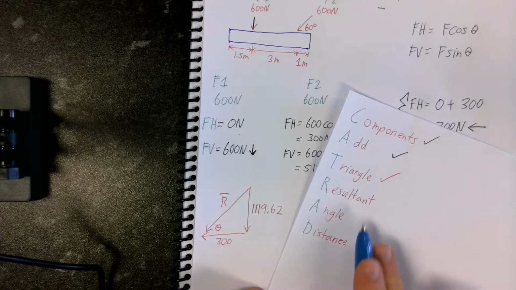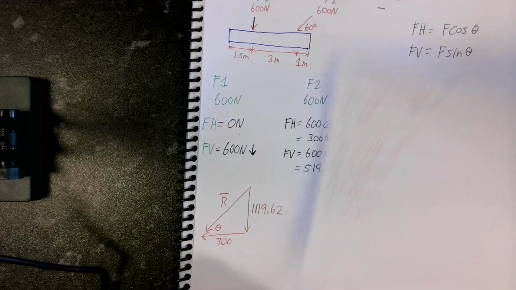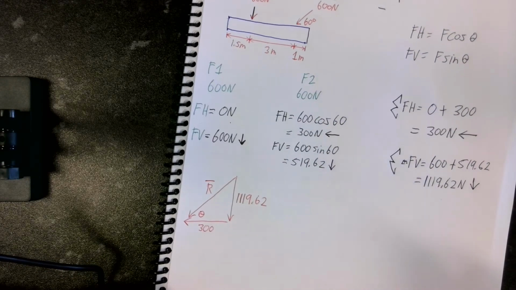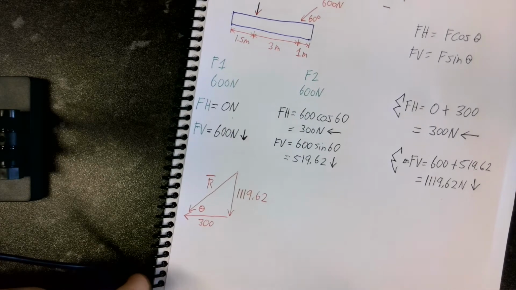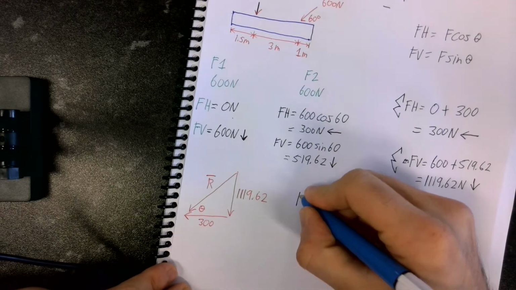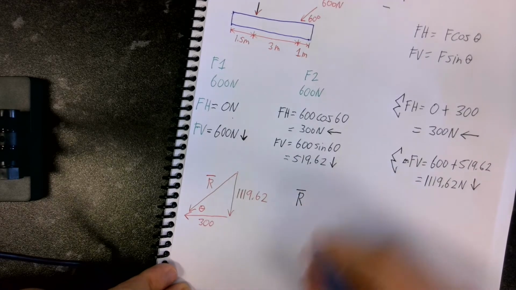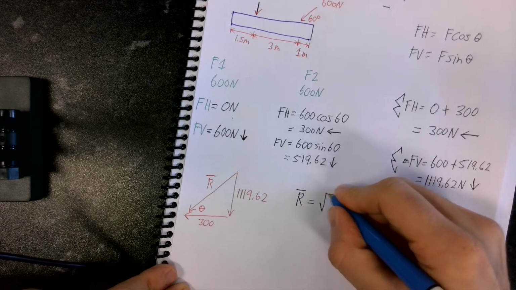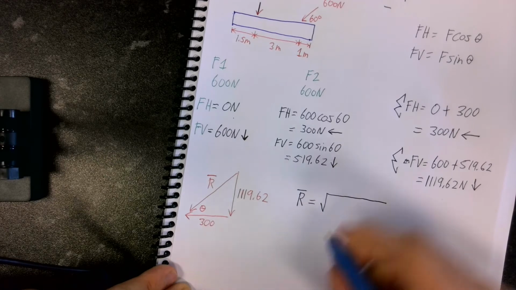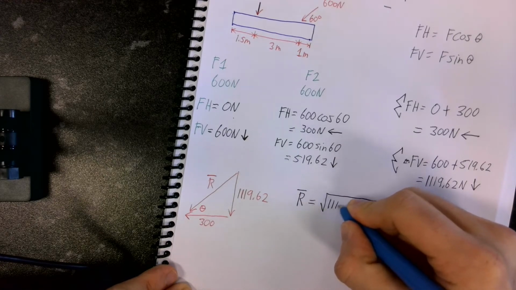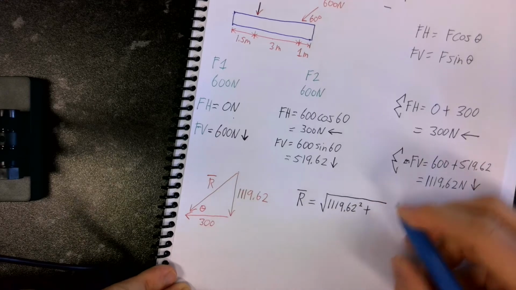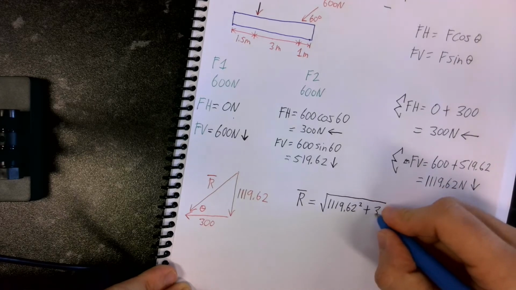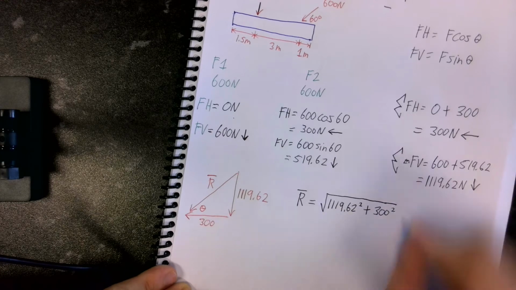Good. Now we want resultant. That's what we need to find now. Okay, so we'll switch back to black. So for resultant, let's put this in. So we've got our resultant is equal to, we always do the square root of force vertical squared plus force horizontal squared.